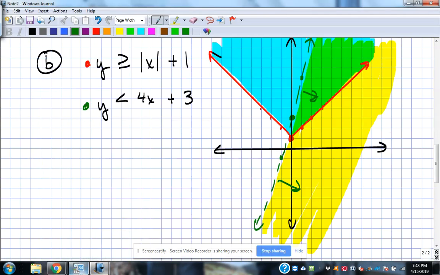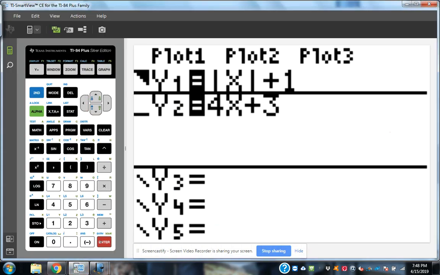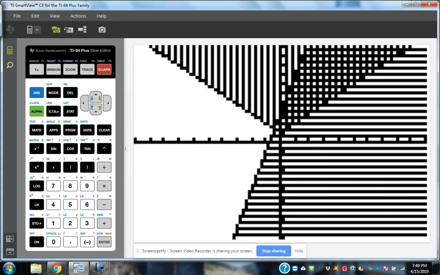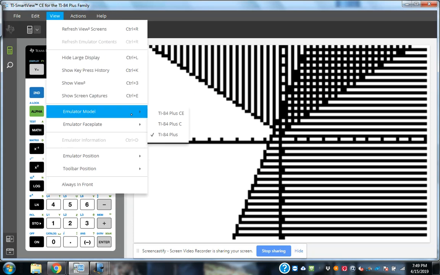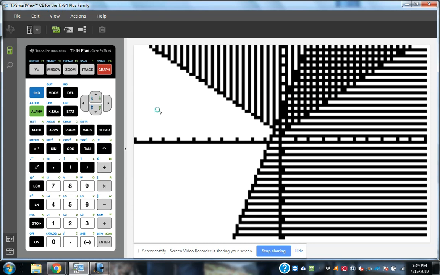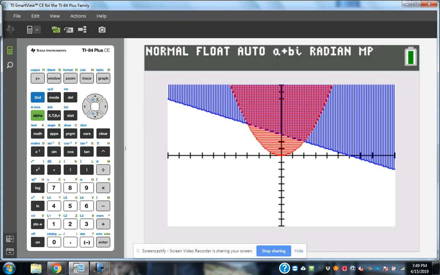Yeah, that's the right thing. So press enter until I get the triangle that's on the bottom left. There's the top right. There's the bottom left. Hit graph. Yeehaw.